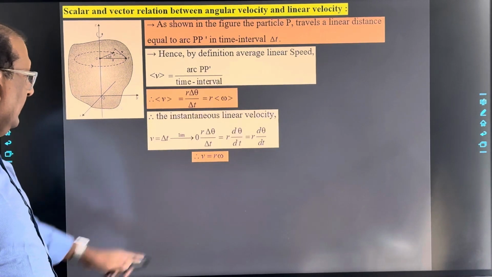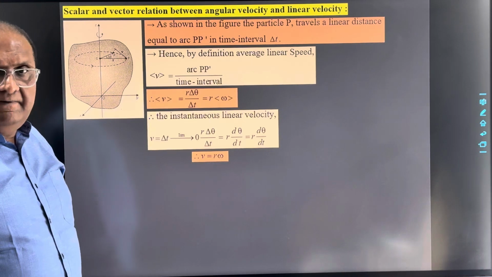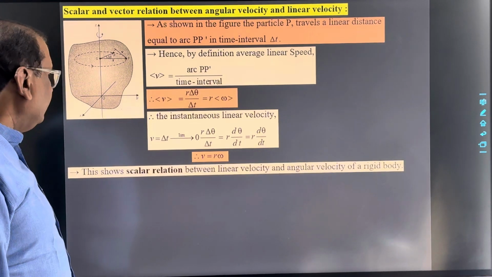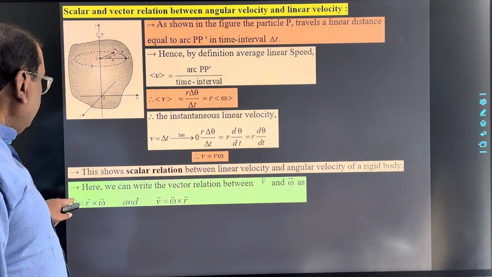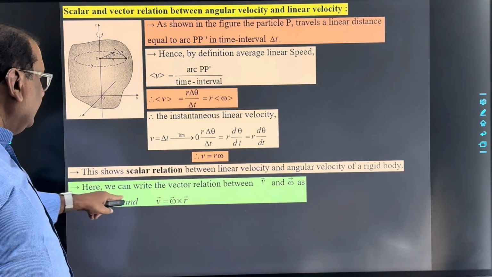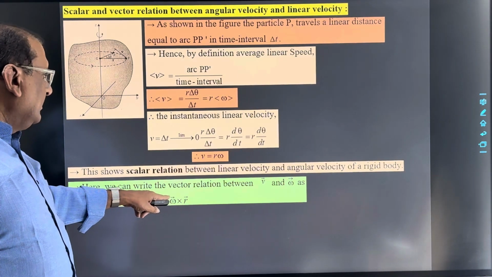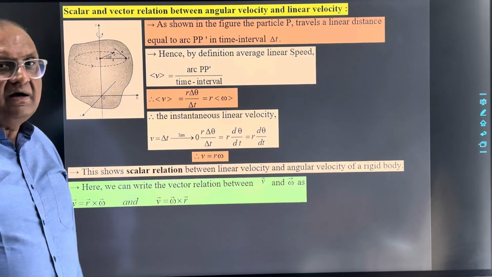Now if we think about the vector product on the right hand side, then two possibilities are there. You can write vector v equal to vector r cross vector omega, or you can write v equal to vector omega cross vector r.